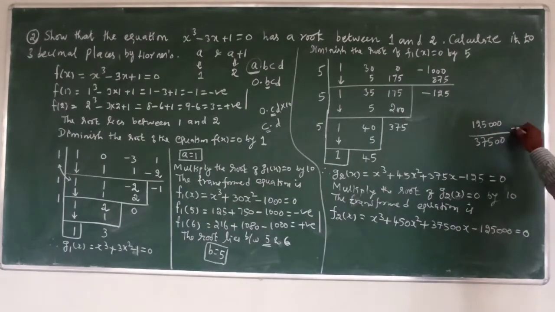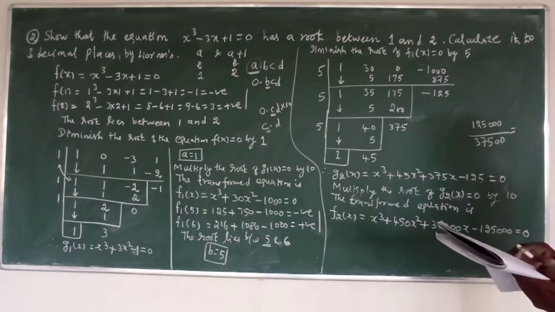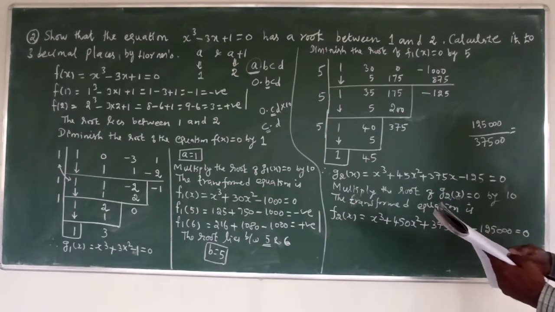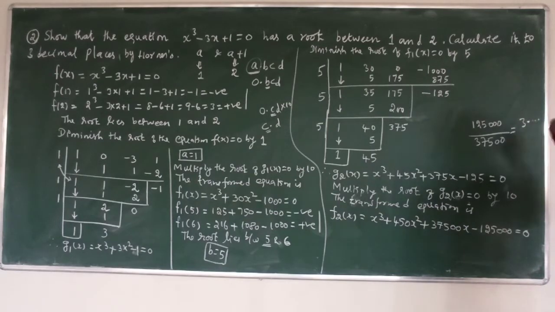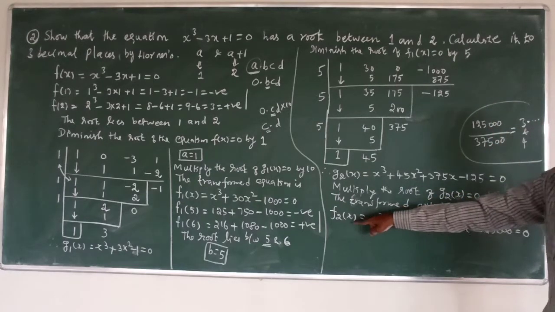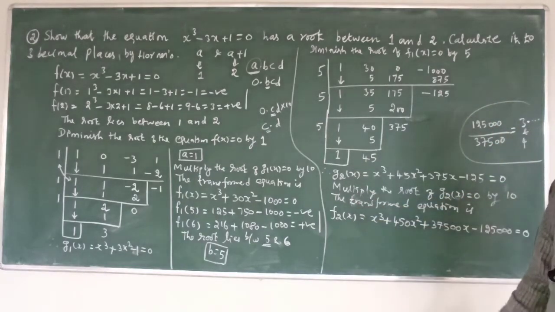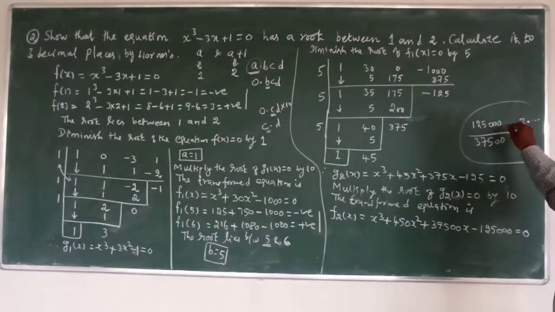Now to divide these two, we can get the result 3 point something. 3 point something means we can get one negative value and positive value between 3 and 4. This is the format to find out the positive and negative values for f2 of x. For that trial division method, the constant value we have to divide with the x value.